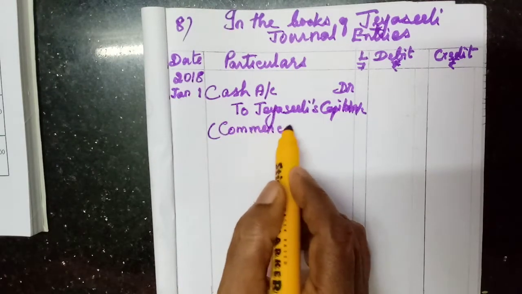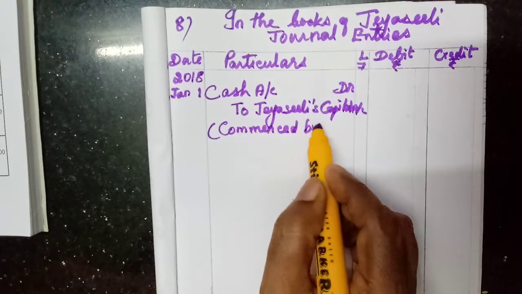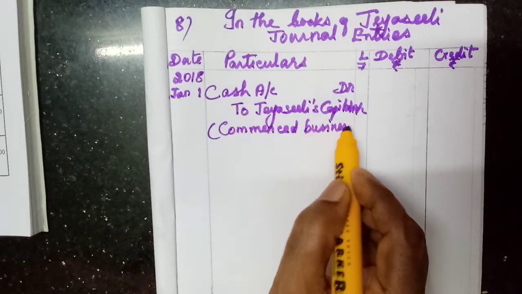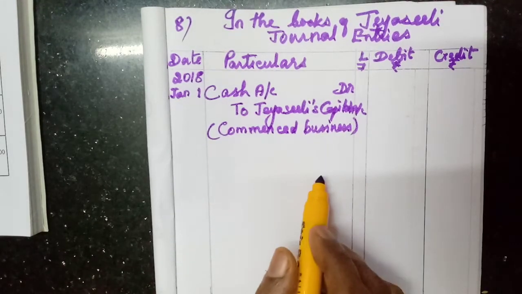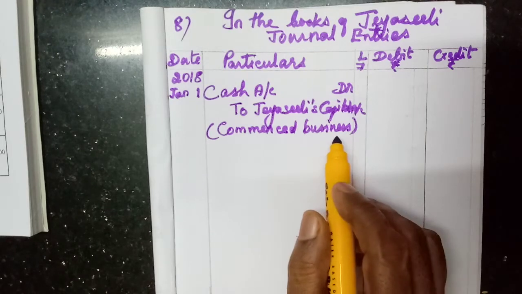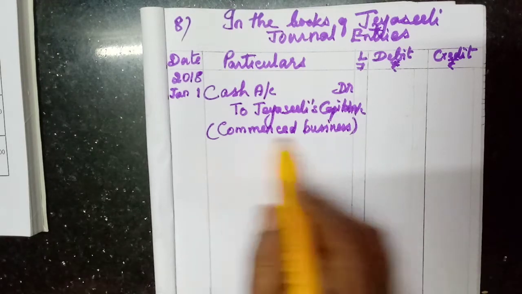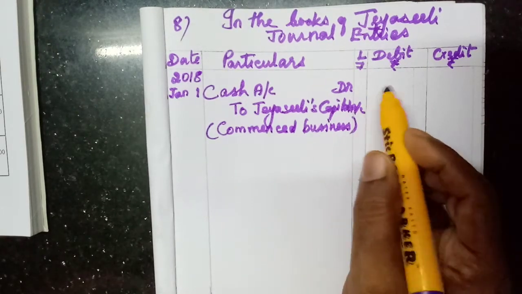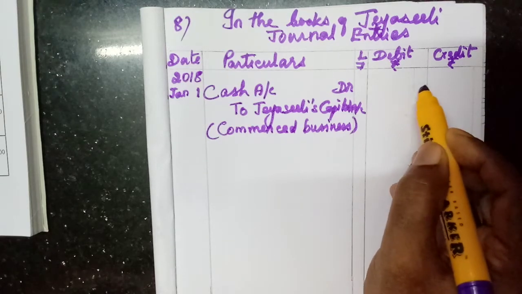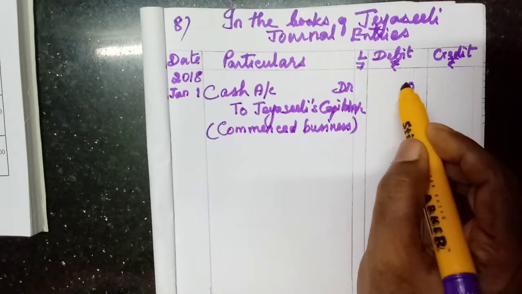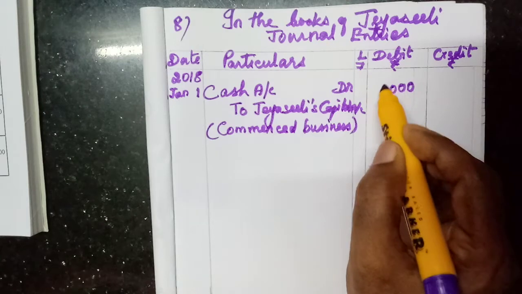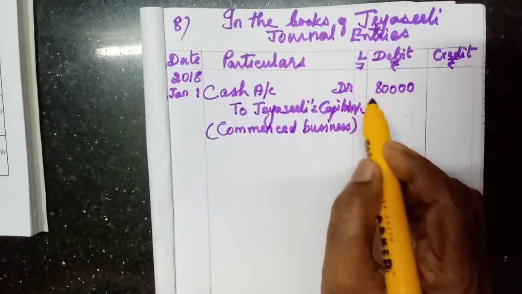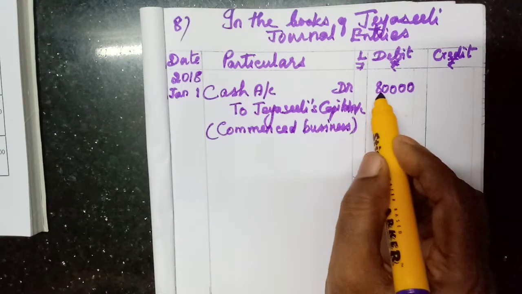Then commenced business. Fully we can write J. Seeley commenced business with cash. Commenced business 80,000. Here you should start from here. Every time you have to leave little space here.